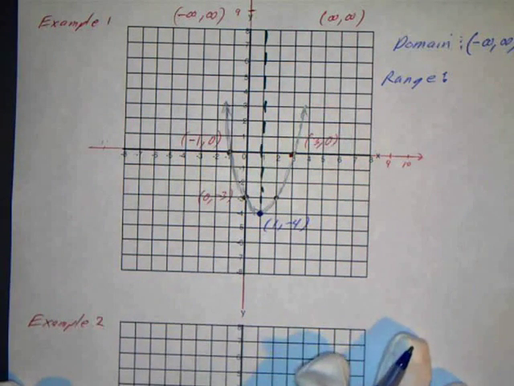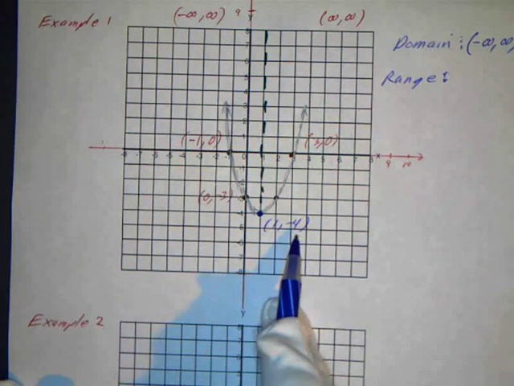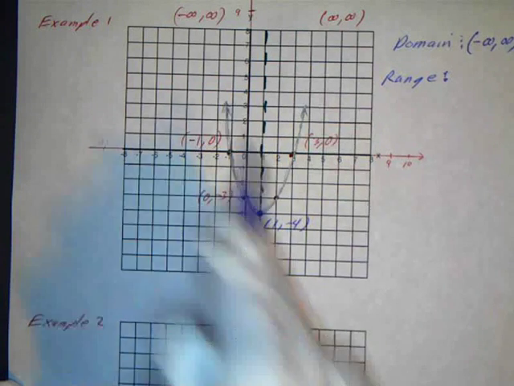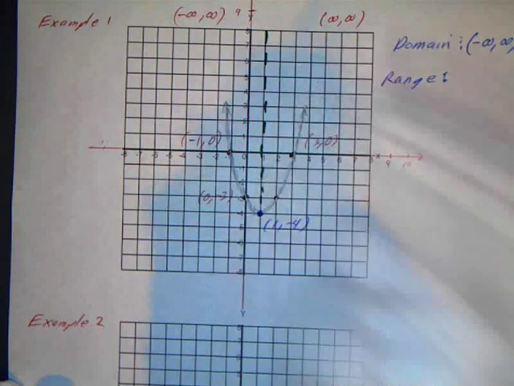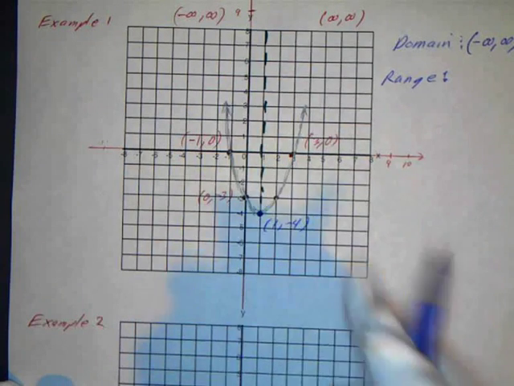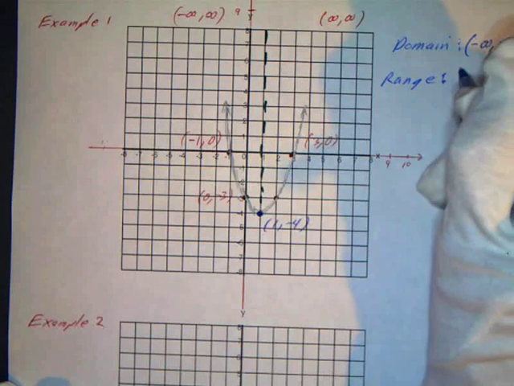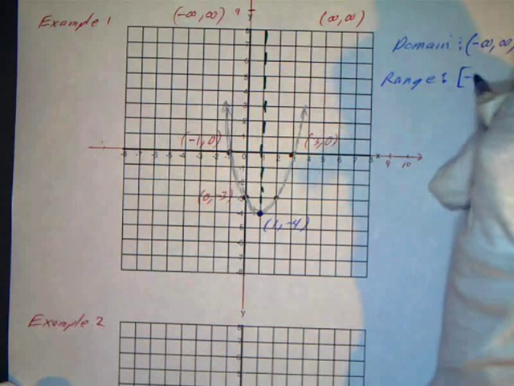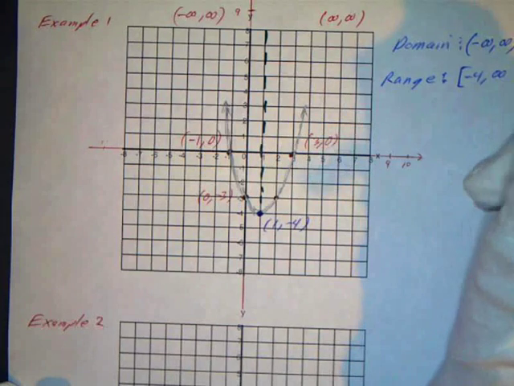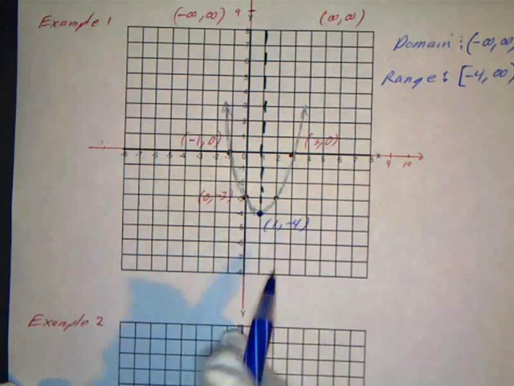Now the range would be the y values. This is a little bit different. I'm going to use the y values of my extreme values. The y value of my minimum is -4, and the y values of my maximums are both +infinity. So I'm going to go from -4 to infinity. Since it's equal to -4, I can use a bracket. So again, look at your extreme values.